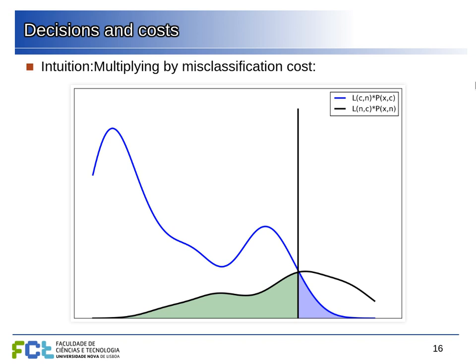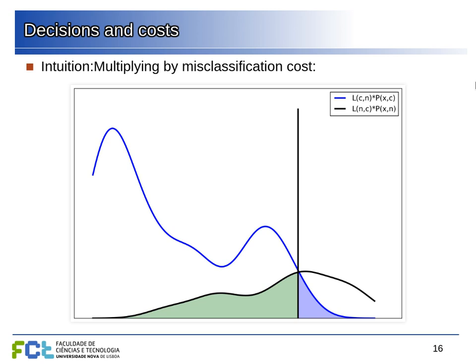But sometimes the function that we need to minimize is not really the error, the probability of making a mistake, but the kind of mistakes that we're going to make, and they may weigh differently in the final result. So if we take into account the expected loss, which is the probability of making a mistake multiplied by the cost of the mistake, that would be what we should be minimizing in general.